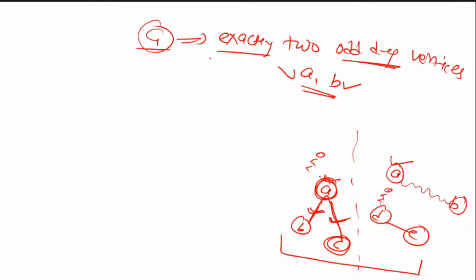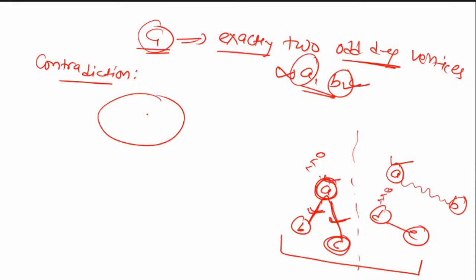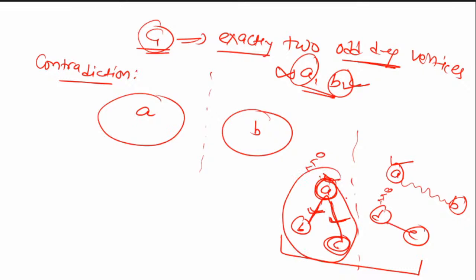Now in this question, it says that if you have exactly two vertices of odd degree, then they must be connected. We can prove it by contradiction. We assume that these two vertices are in different components, meaning vertex A is here and vertex B is here, and there is no path; they are disconnected. Remember that each component is also a graph, a smaller graph.